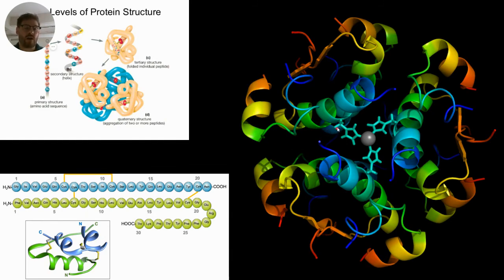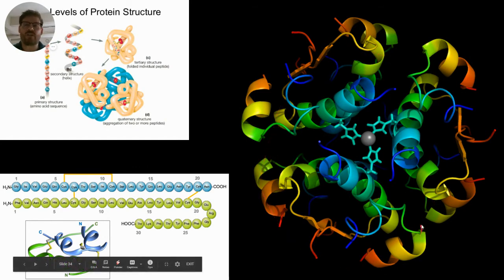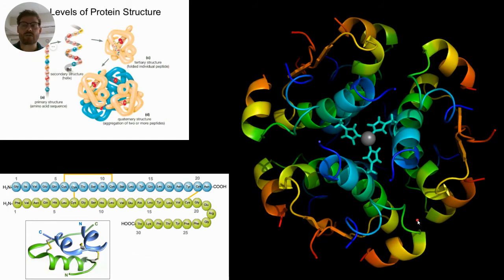I read an article about a form of this protein where it's actually meant to break apart really slow. What they did was take one single amino acid and change it to a different one.